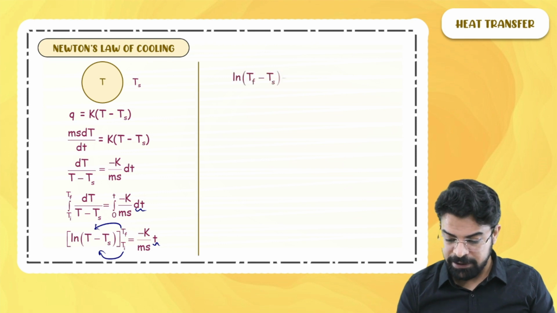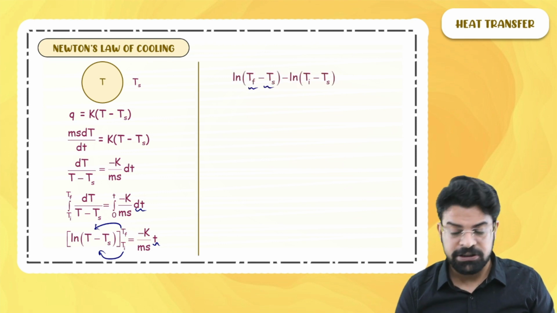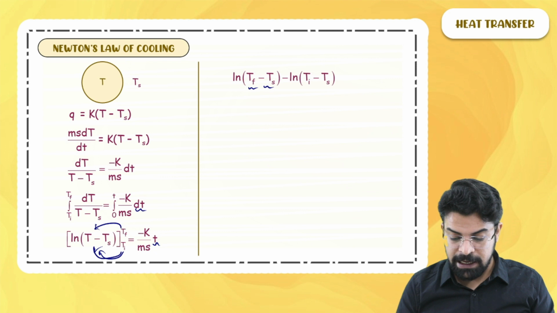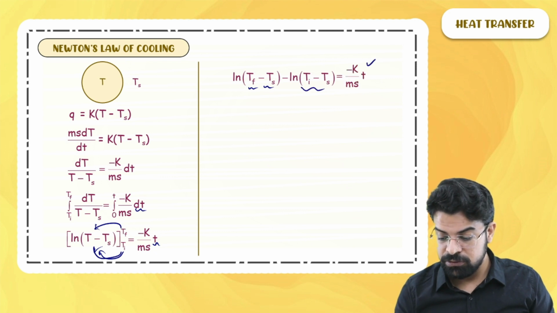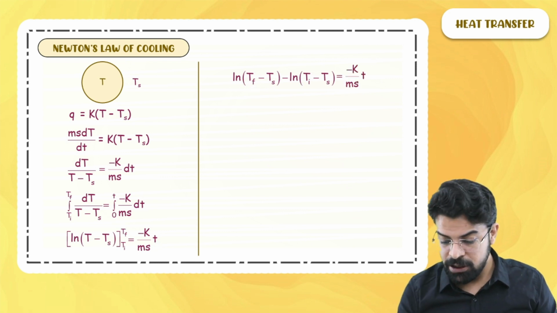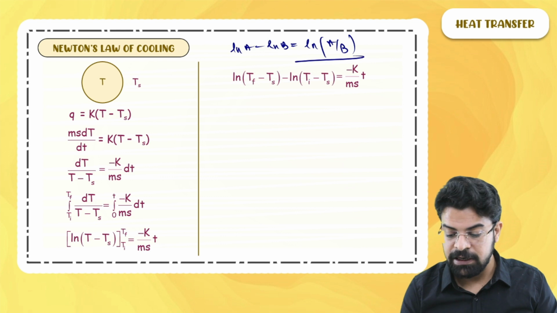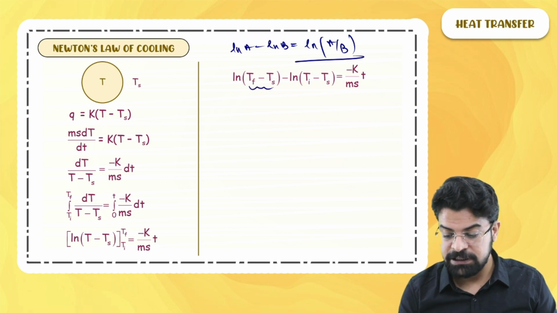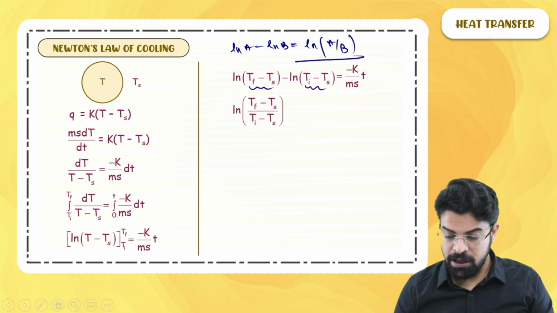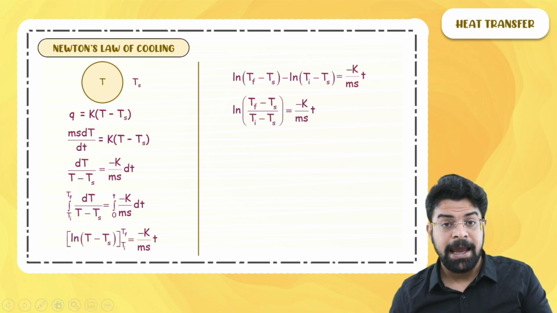So you will get ln of Tf minus Ts minus ln of Ti minus Ts equals minus kt by ms. ln A minus ln B can be written as ln of A by B. So here you will write ln of Tf minus Ts upon Ti minus Ts equals minus k by ms into t.